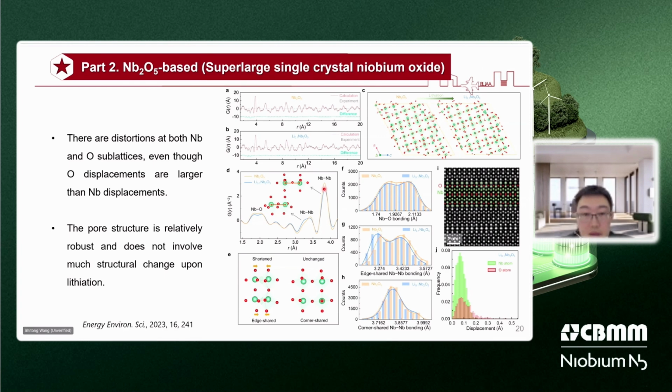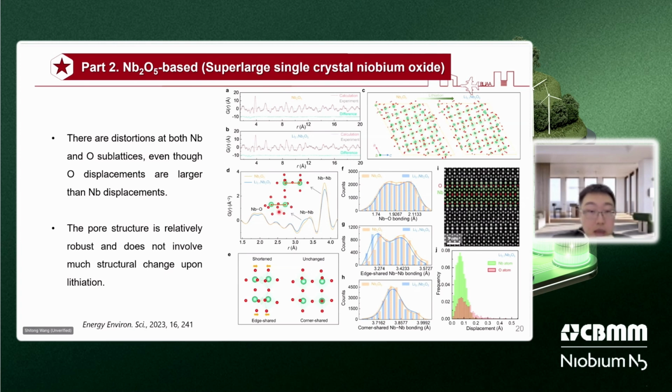We can see the niobium-oxygen and the niobium change, even though there is no change for them, and there is only a small change for the niobium. Niobium is the edge-sharing polyhedra. It indicates that the pore structure is relatively robust and does not involve much structure change upon lithiation.